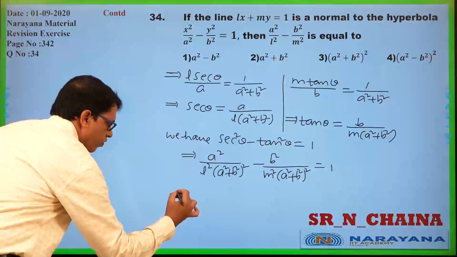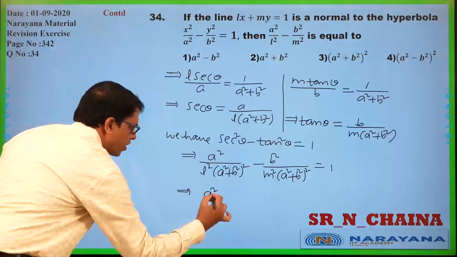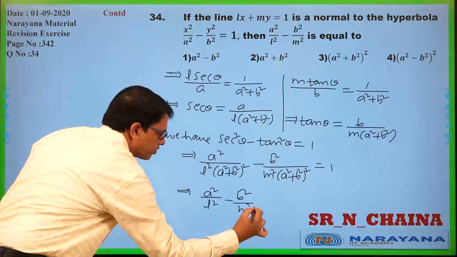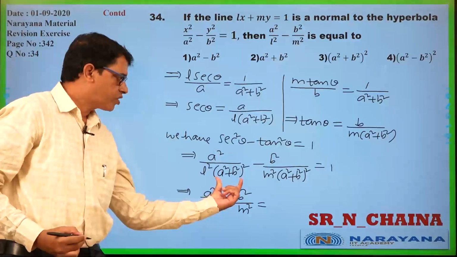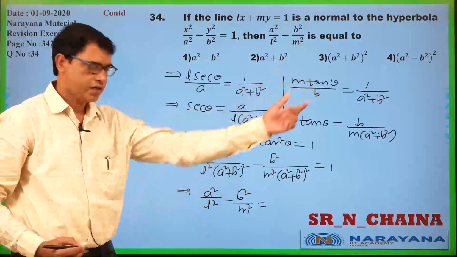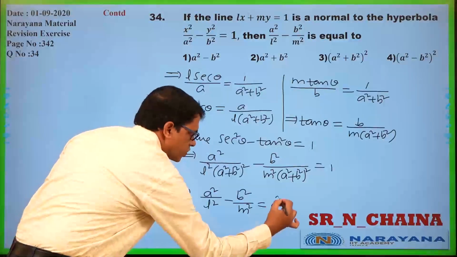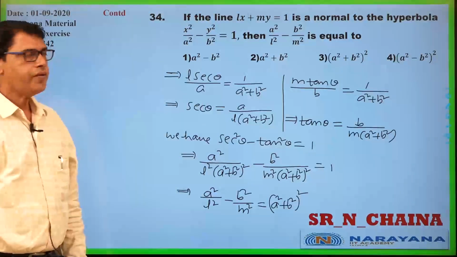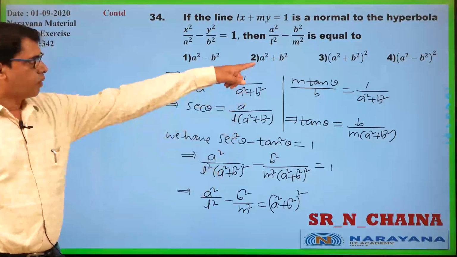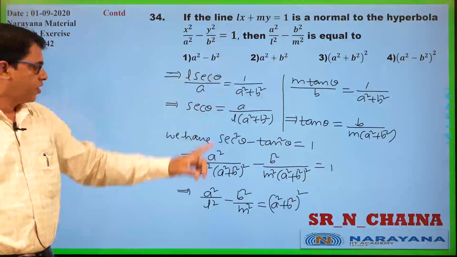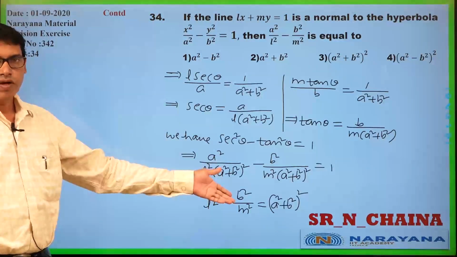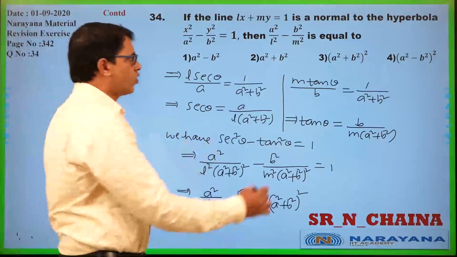We are left with A square upon L square minus B square upon M square, equal to a square plus b square whole square. Now, option 3 is the right option: A square by L square minus B square by M square equals a square plus b square whole square.